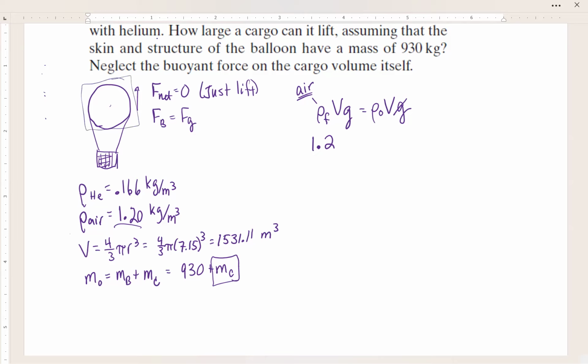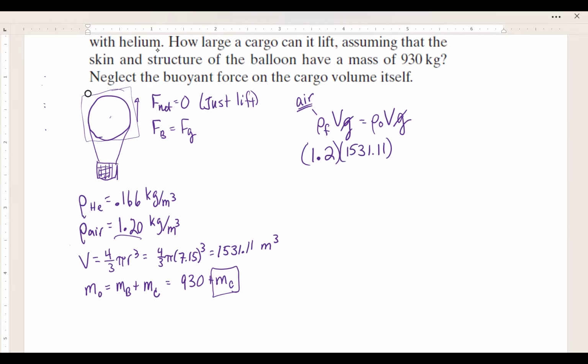And so 1.2, there's the density of my air times my volume, 1531.11, the gravity still cancels. 1.2 times 1531.11.